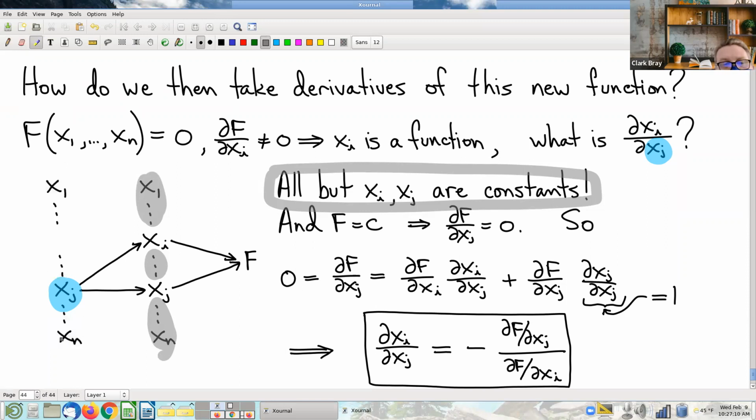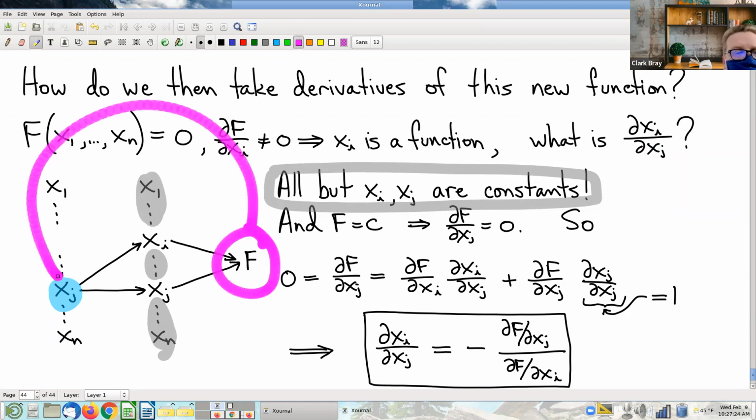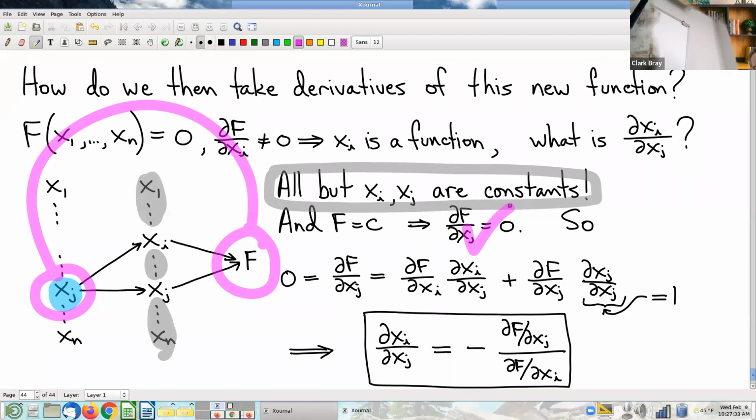And let's ask how I take then, just to get the ball rolling, to have something to do. I'm going to take a derivative that I know the answer to. I'm going to take the derivative of f with respect to xj, and I claim that that's 0. And I'm going to claim that it's kind of obviously 0. It's 0 because, in fact, that's the whole point of saying that xi is a function of the other variables.